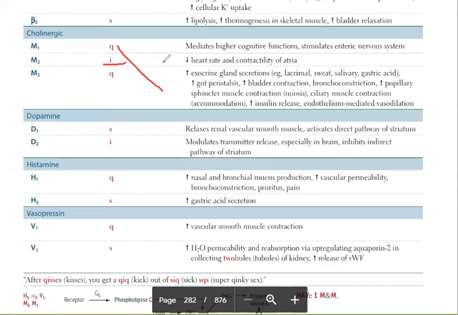So all that process is inhibited, and so do the heart rate and contractility of atria. Also, if you remember, I told you repeatedly that when we talk about the parasympathetic, or about this M2, this decreased response in the heart is always parasympathetic, right? The increase is sympathetic. So when we talk about the myocardium of atria, that is a parasympathetic effect.